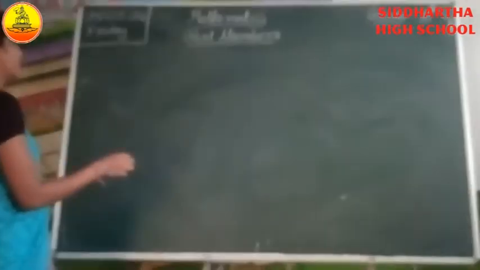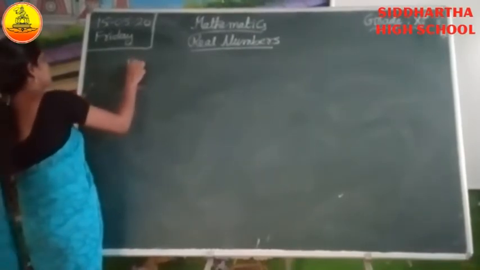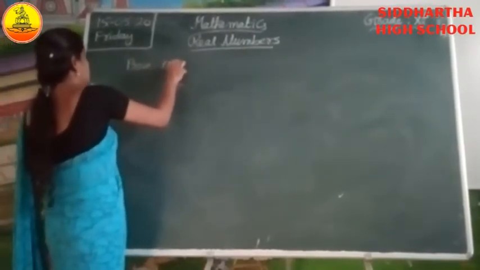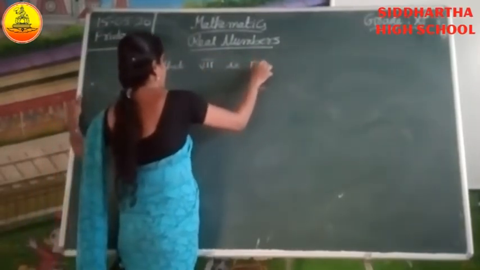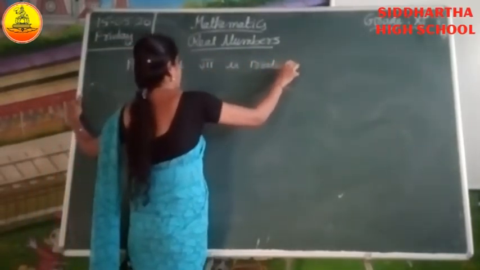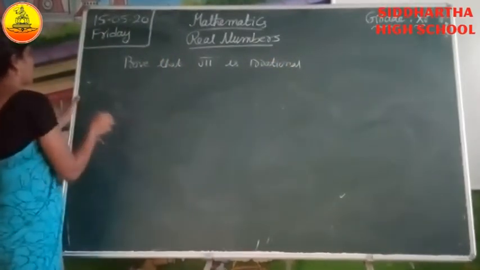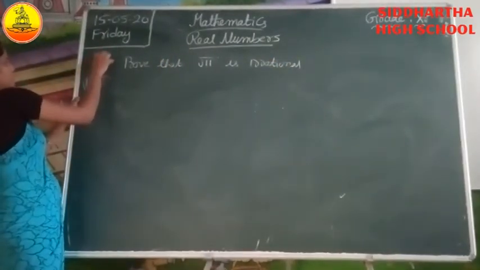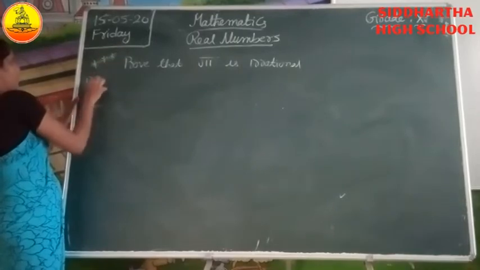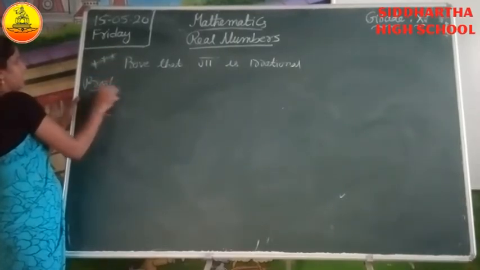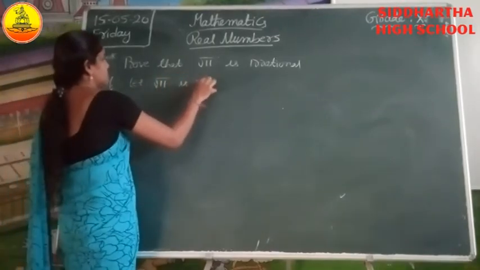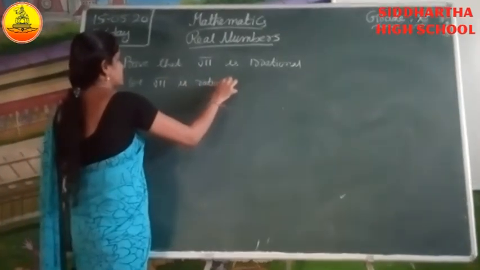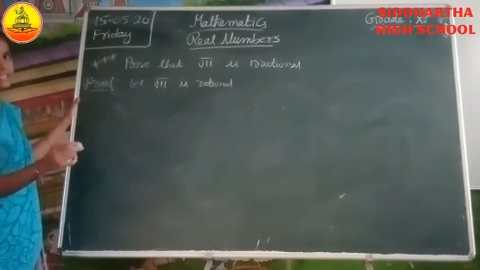Now you see. Prove that root 11 is irrational. What is very important is the sum. Prove. Let root 11 is rational. Let us think that it is a rational number.